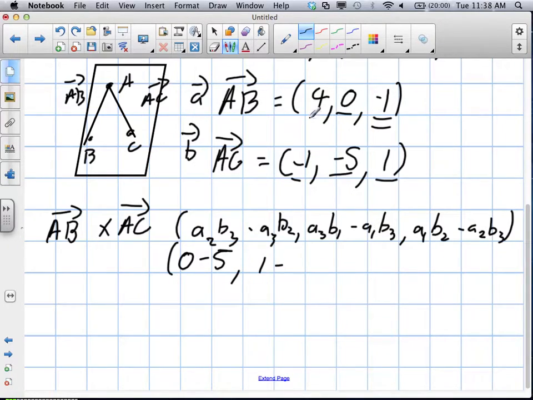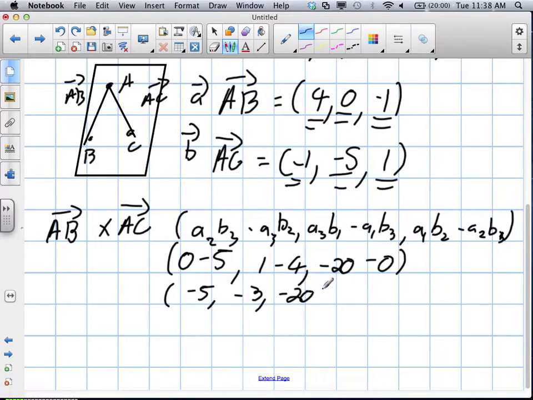Subtract A1 times B3, 4 times 1 is 4. And A1, which is 4, times B2, negative 5, gives us negative 20. Subtract A2, which is 0, times B1. Doesn't matter, it's going to be 0. Okay. So we're looking at negative 5, negative 3, negative 20.